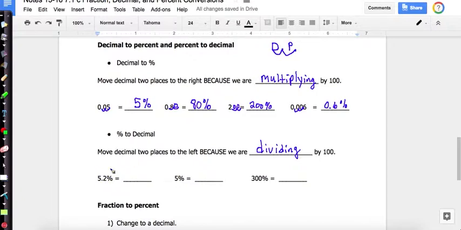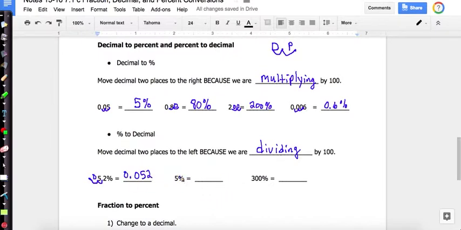Okay? So look at the first one, 5.2%. Find the decimal, and we're going to move 2 to the left. 1, 2. And drop in your 0. So we have 0.052 or 52 thousandths. And once again, I can put the placeholder here.